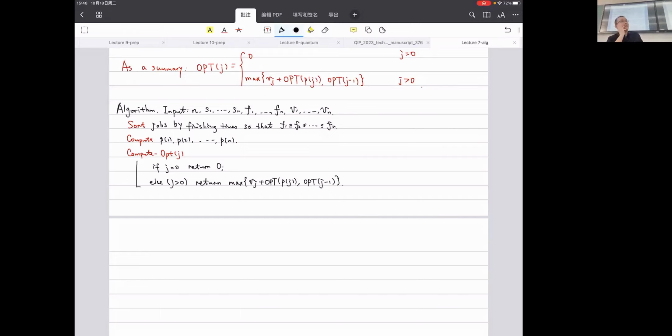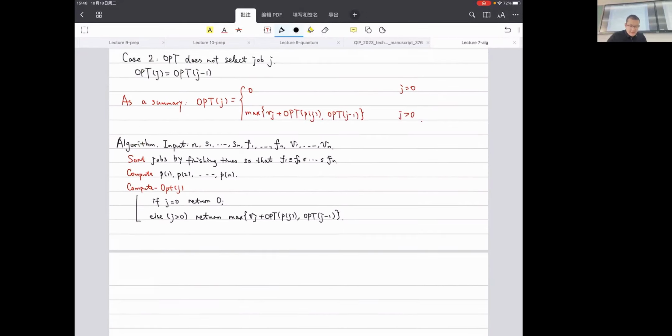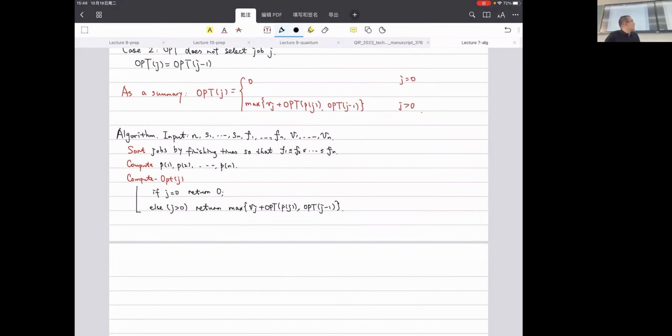So this is going to be our algorithm. Any questions for those? This is just a direct way of writing down this algorithm.